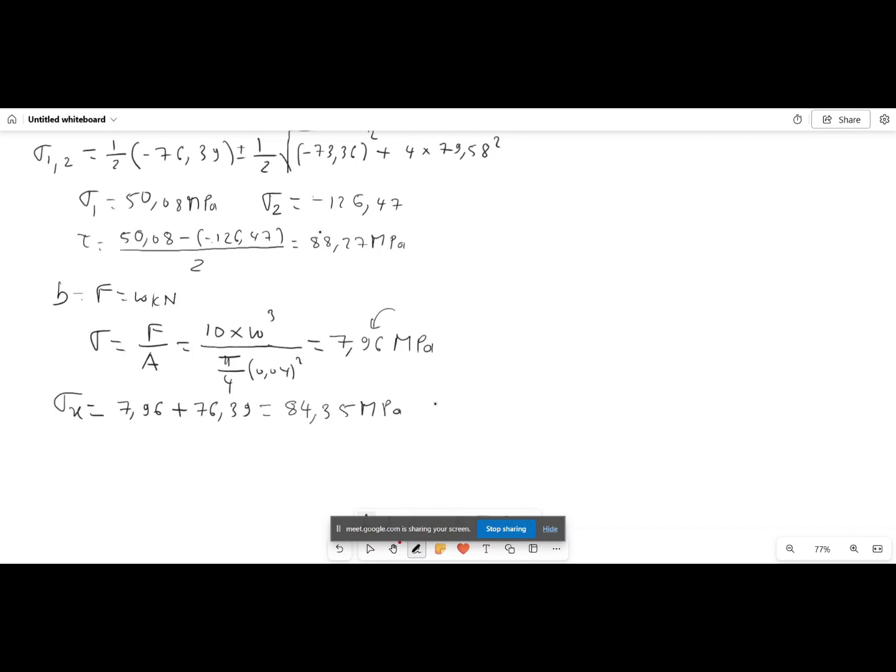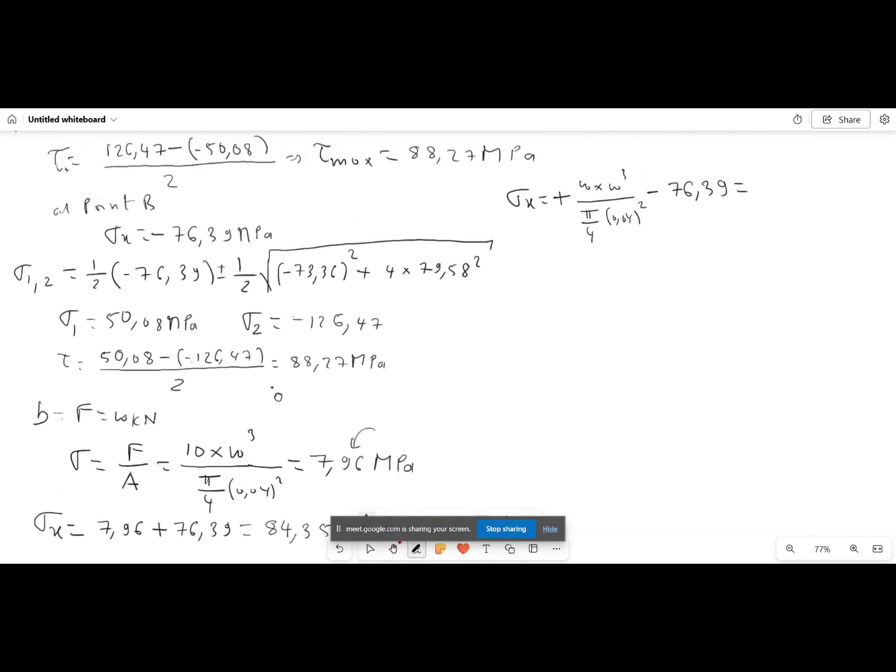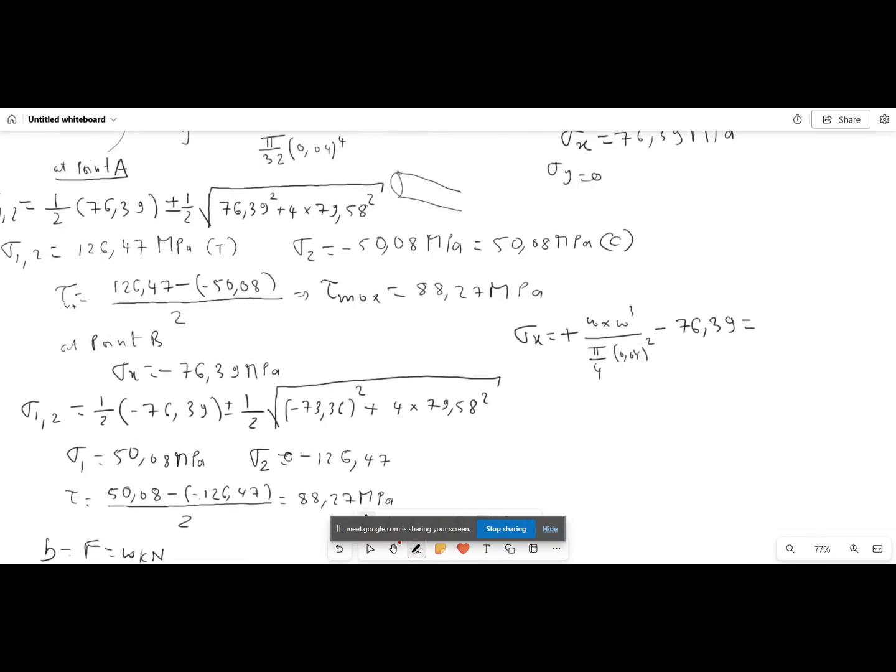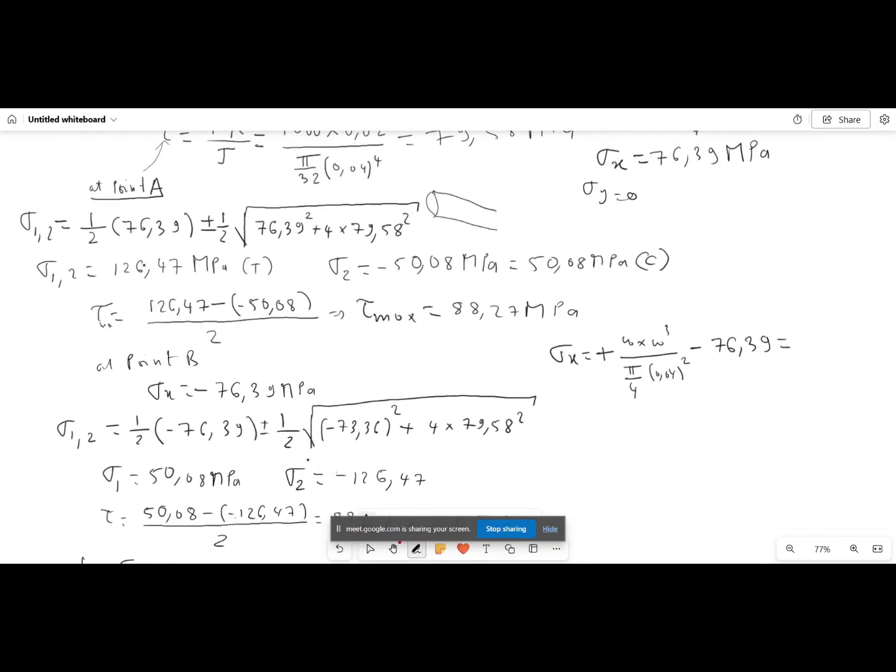Now, if we get the new rho x, we just substitute like we did on the previous one, and you will get rho max as well.